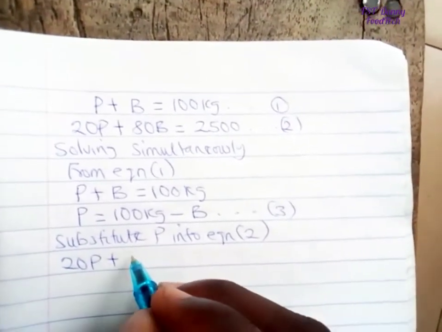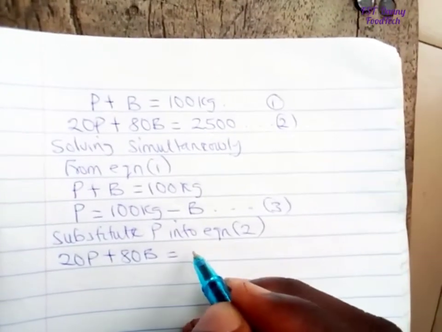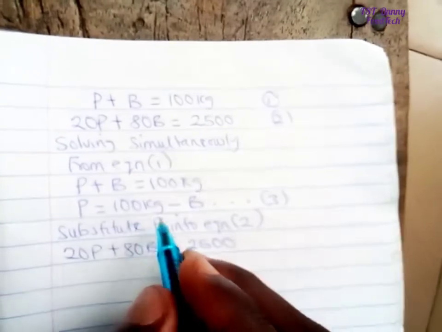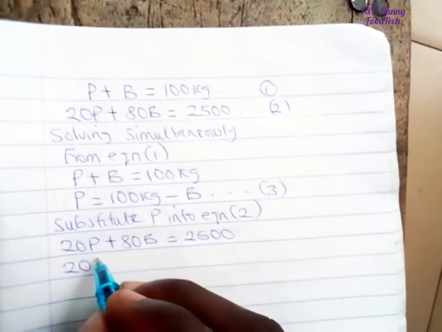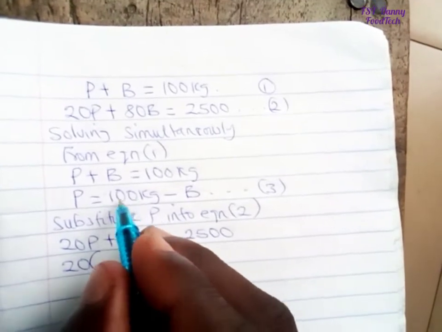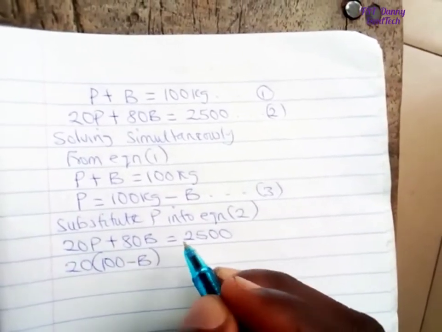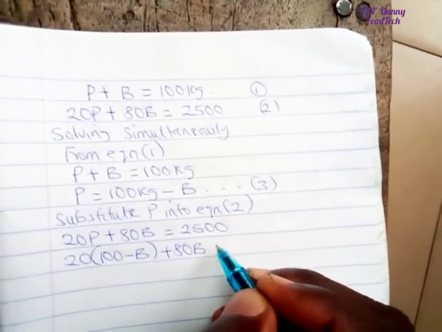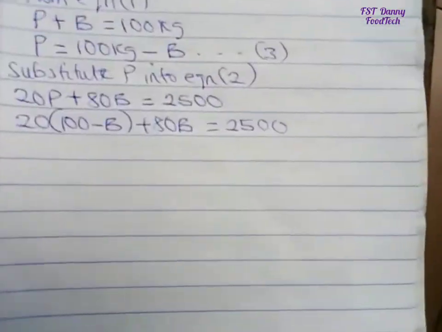So that will now be 20P plus 80B is equal to 2500, and P now is this. So we have 20 in place of P, that is 100 minus B, then plus 80B equal to 2500.